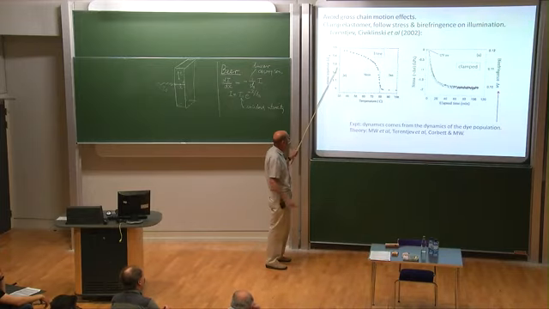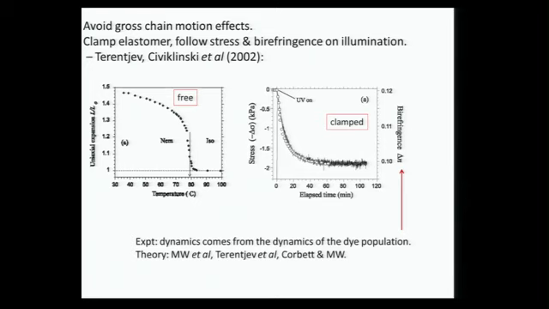First of all, he didn't clamp it. He just measured the length of this sample as a function of temperature. He finds that as he cools, the length of the sample grows, in this case, by about 50%. Likewise, if he then starts here and heats, there's a shrinkage of the chain by about 30%.